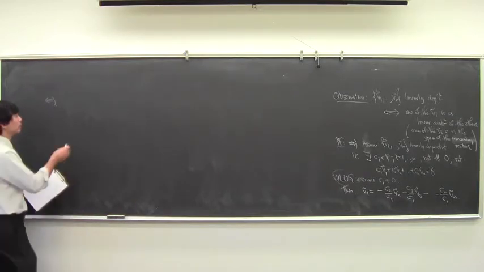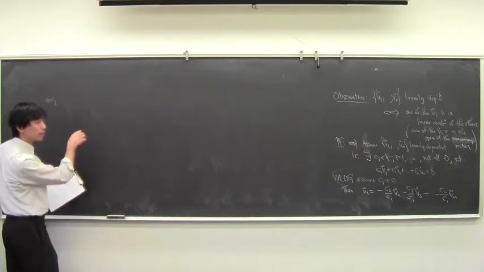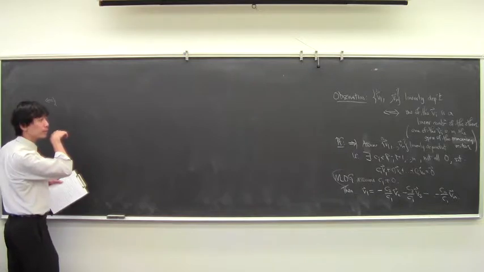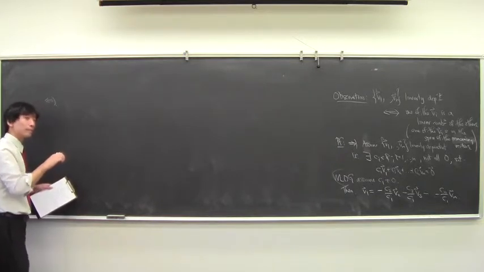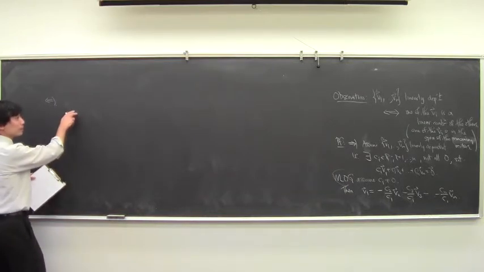v1 equals -c2 over c1 v2, and then you can plug that into v1 in the equation, and then the c1s cancel, and then it's negative that plus positive equals 0. Okay, so let's start from the beginning.